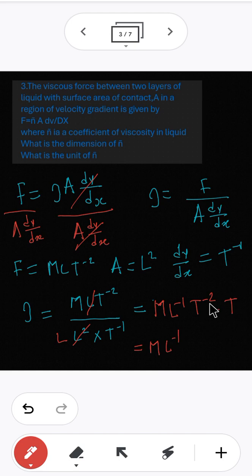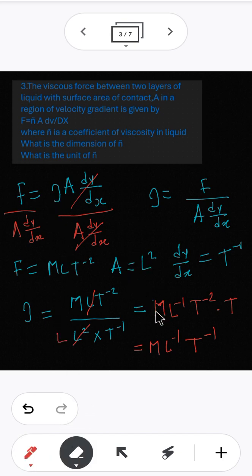Now minus 2, remember our indices, minus 2 plus 1 gives minus 1, so T raised to power minus 1. Now this right here is the dimension for this weird looking symbol, which is called coefficient of viscosity.